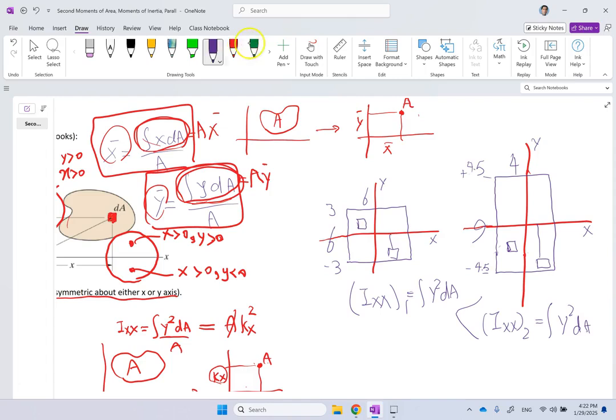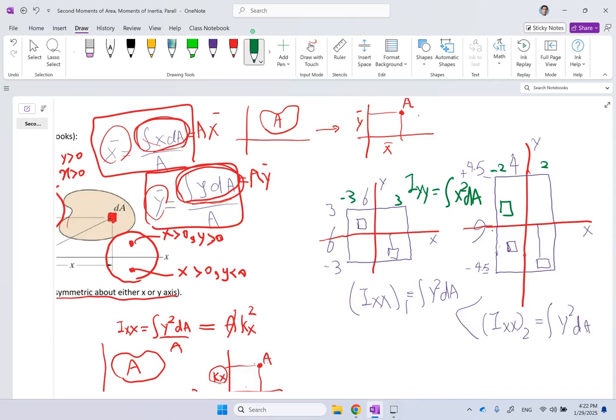On the other hand, if I want to calculate Iyy, remember, what is Iyy? Iyy is the integral of x squared dA. So here your x can go from negative 3 to 3 for the left side. Here it can only go from negative 2 to positive 2. So the right one is not as stretched in the x direction as this one.